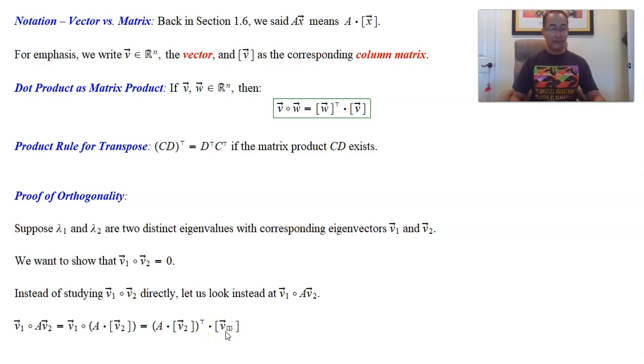So I need a V1 down here. Next ingredient: transpose of a product. That formula says on the left we should have V2 transpose.